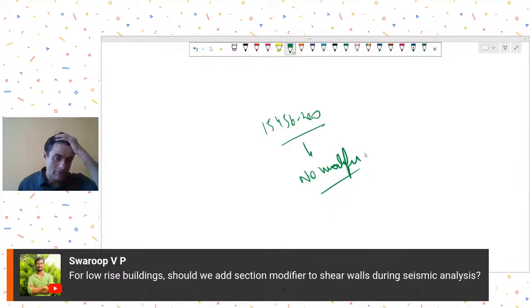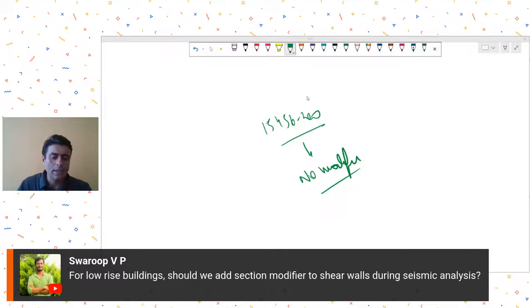The IS 16700 also tells you about the modifiers. So behavior wise, yes, modifiers should be included. But if you want to strictly follow the code, they don't talk about modifiers. So I have no comments right now on whether you should add modifiers to shear walls or not.